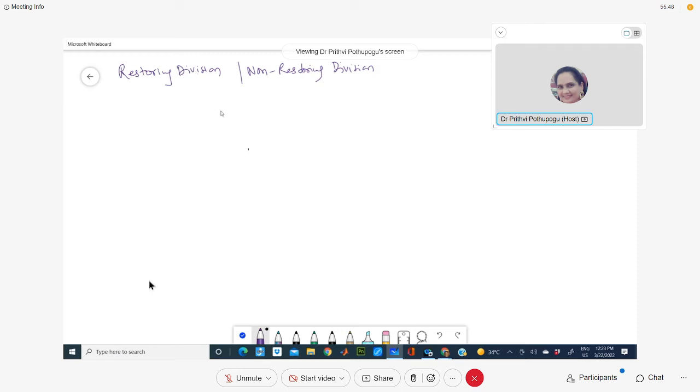So restoring division or non-restoring division works by checking whether the partial element that you are getting is less than zero or more than zero. Less than zero means a negative number, more than zero means a positive number.